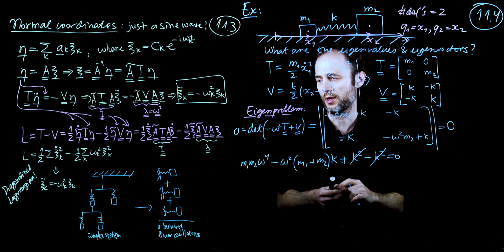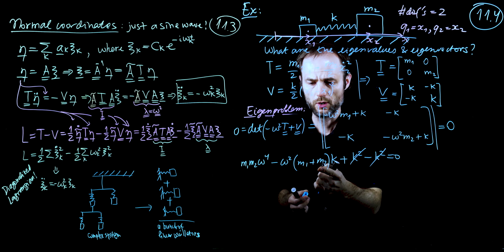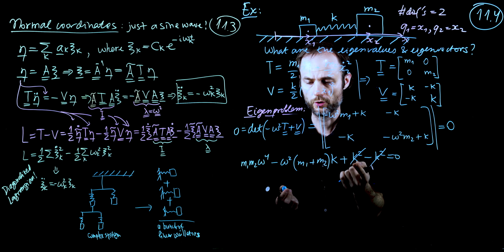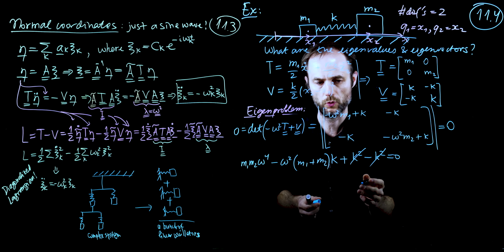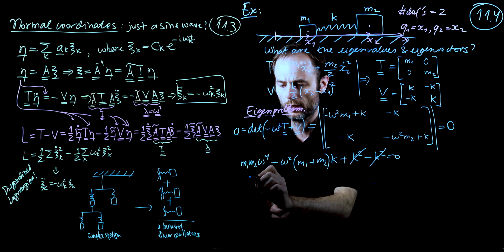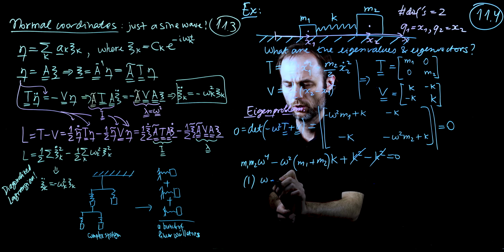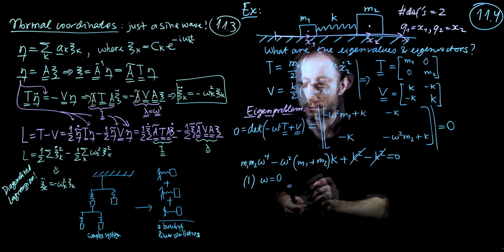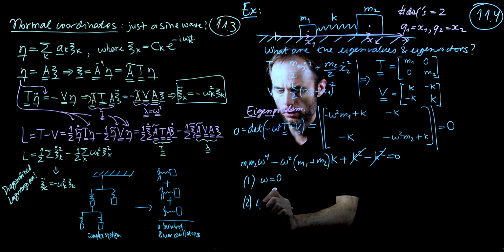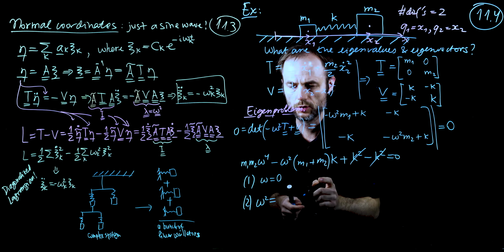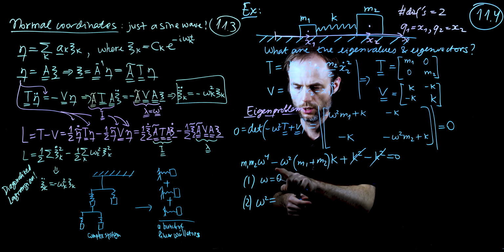So these two cancel. So now we have a quadratic equation for omega squared, where we have two roots. One is obviously omega equal to 0, and the second one is given by omega squared, so this is gone.